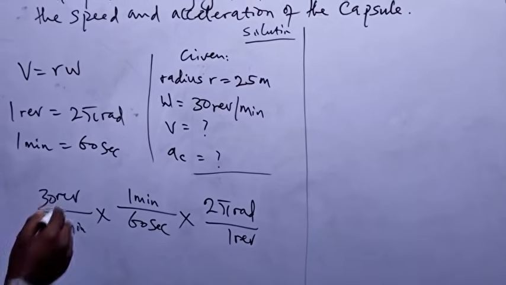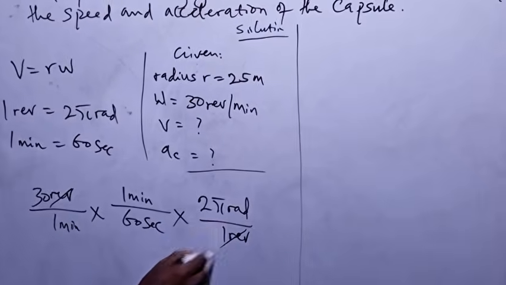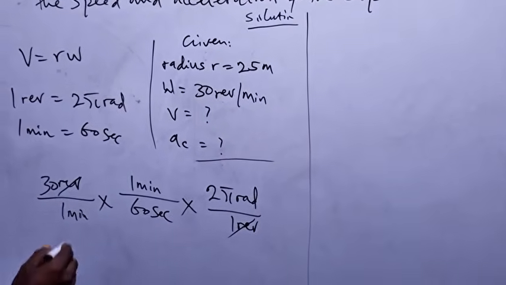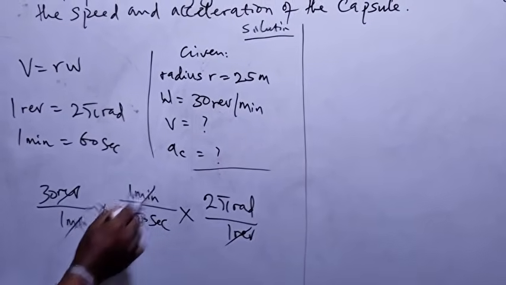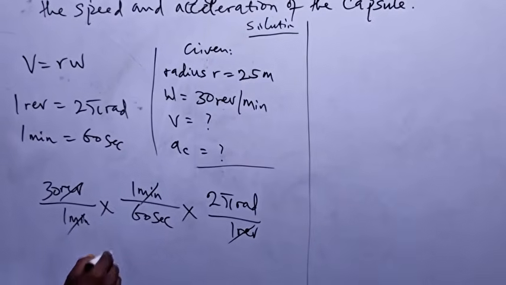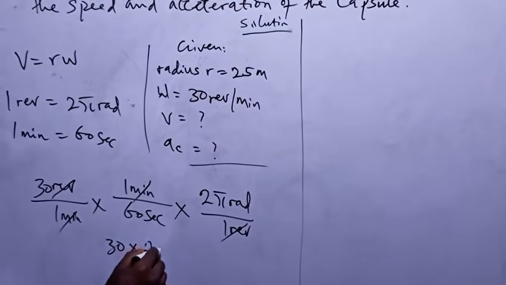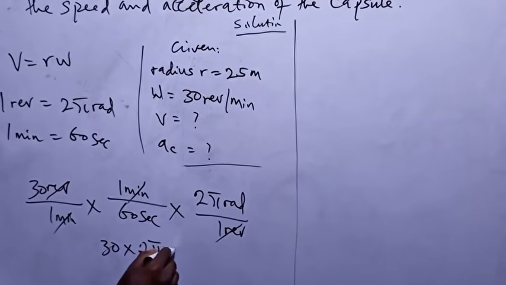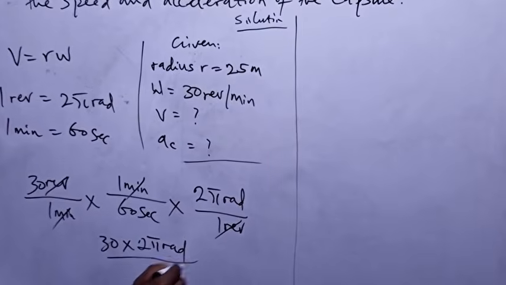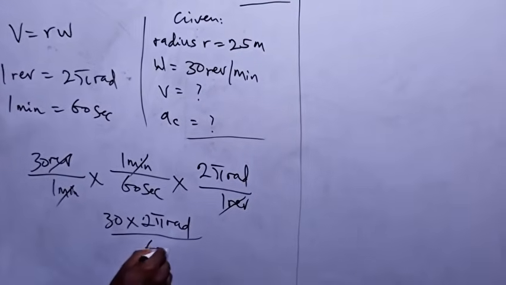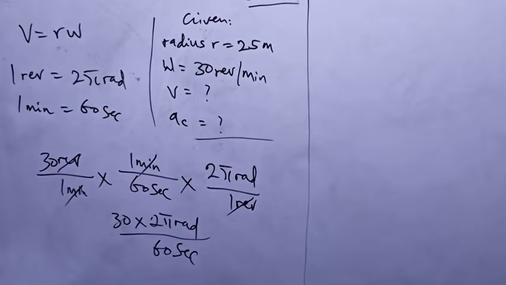Now, resolving this, revolution will cancel revolution, and minute will cancel minute. You're left with 30 times 2 pi radians over 60 seconds.